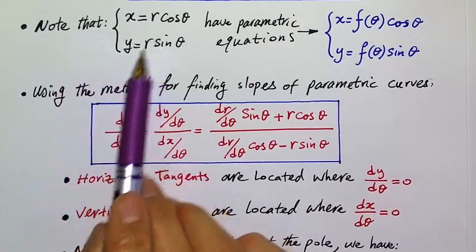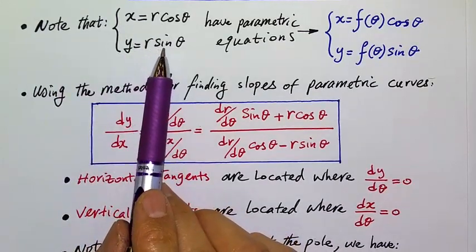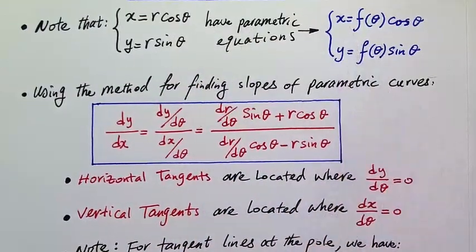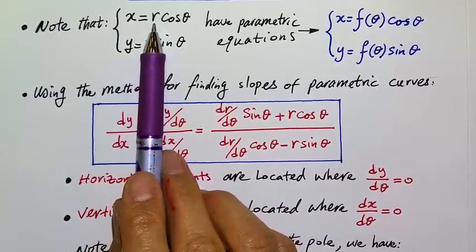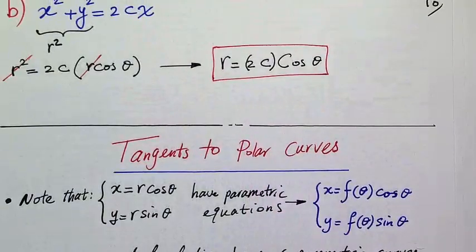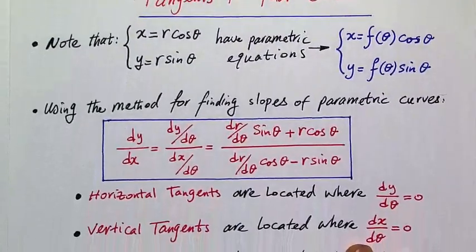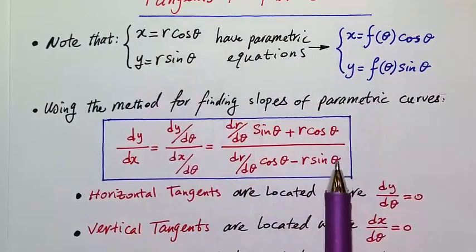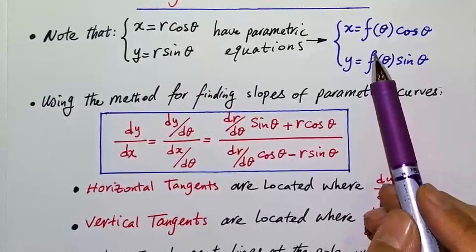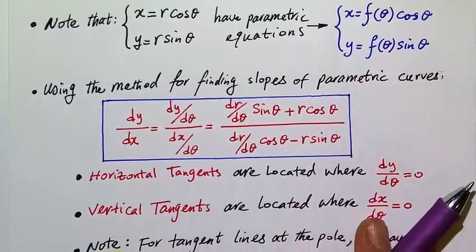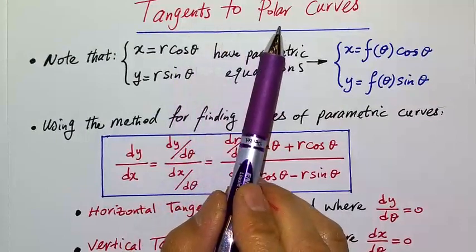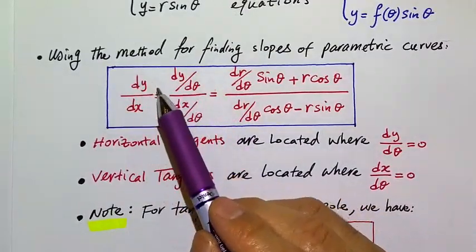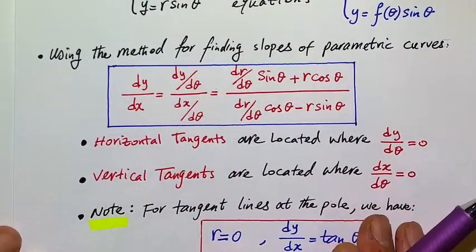So recall that x and y are defined as such for polar coordinates, so that they have parametric equations such as this. Okay, so r, as we saw just now with these couple of examples, is given as a function of theta. So with that parameterization of polar curves, the method to find the tangent to polar curves uses the main formula you saw for equations in Cartesian form, right?